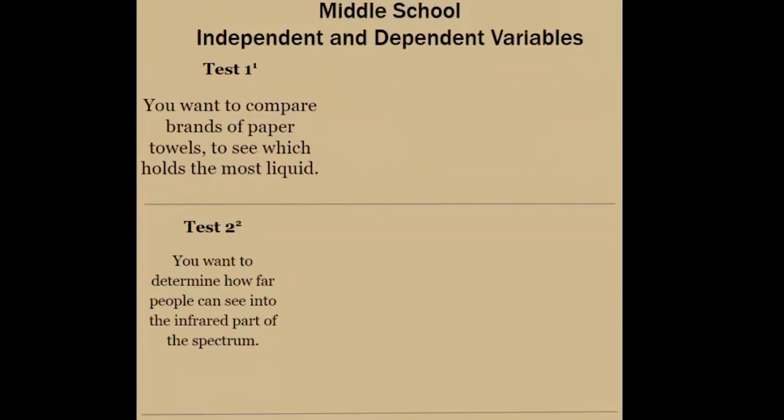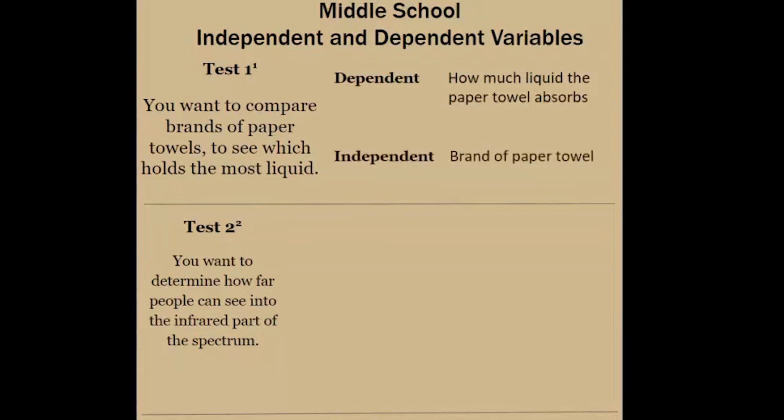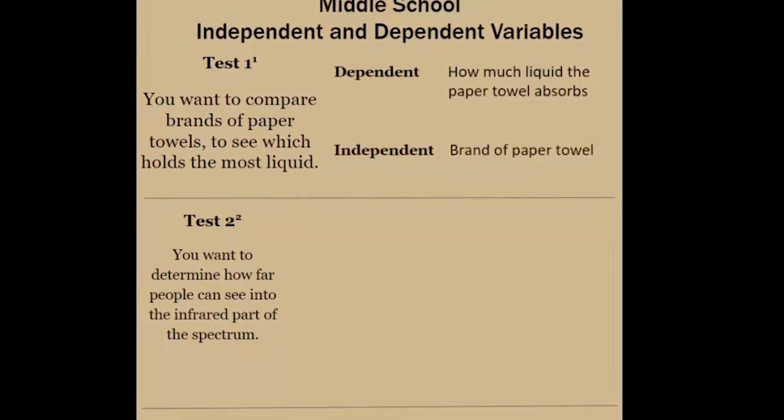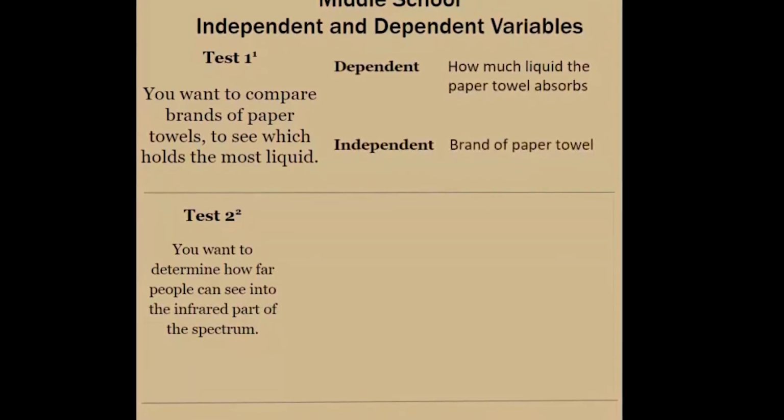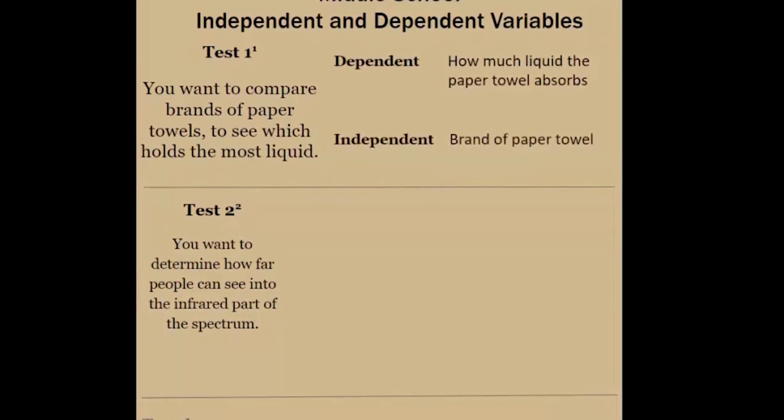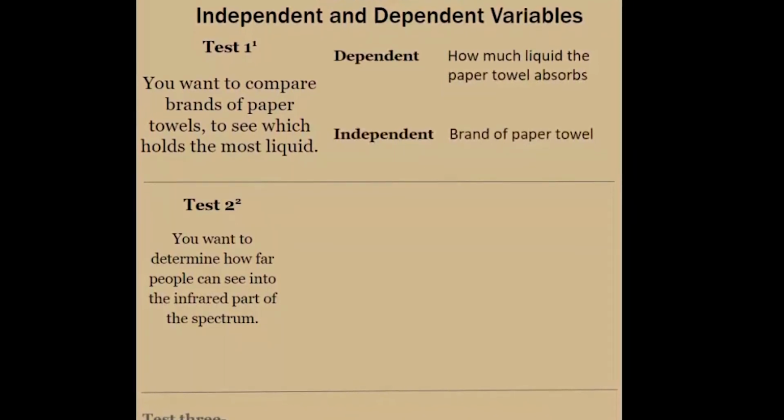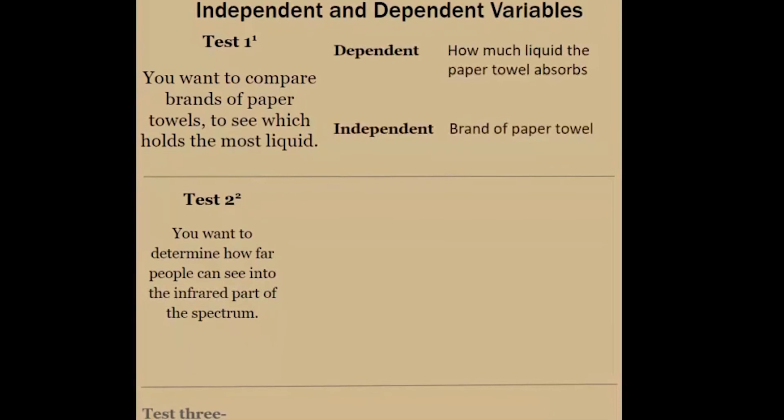Going back to the dependent and independent variable, the dependent is how much liquid the paper towel absorbs, and the independent is the brand, because we're going to try different brands. We have no idea how much liquid it's going to hold, so that is dependent on the independent variable. Each one is going to be different.